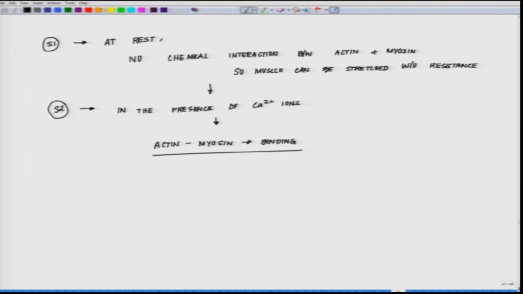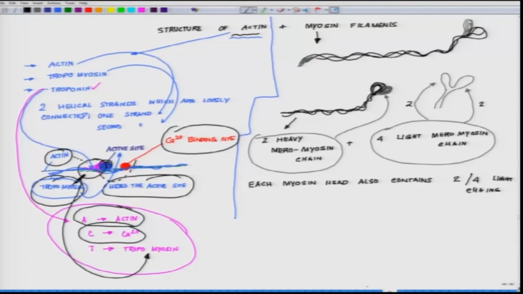to troponin. So, coming back here, I told you that troponin has a binding site for calcium. So, as soon as the calcium binds to the troponin, it exposes this active site. Okay. By exposing the active site, just try to understand it first of all. Okay.